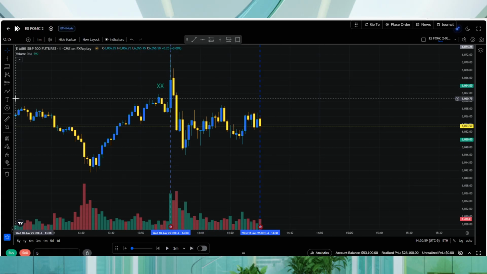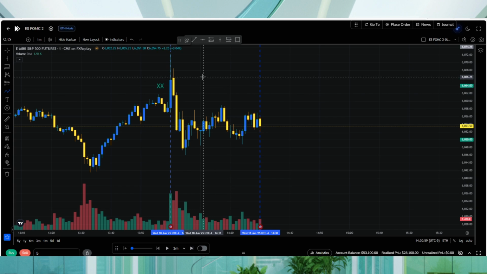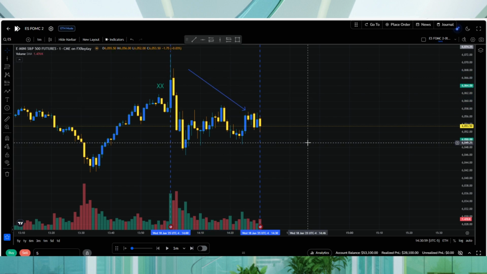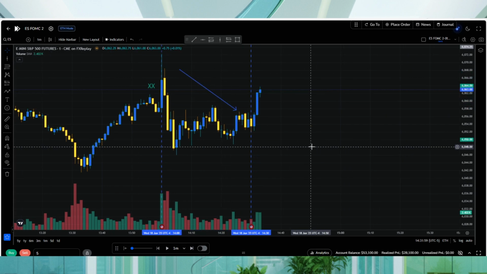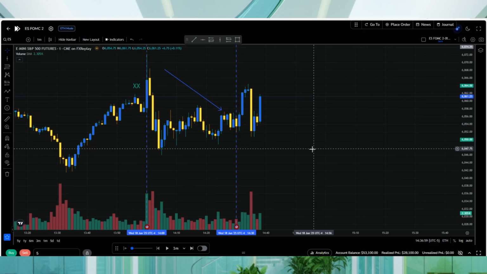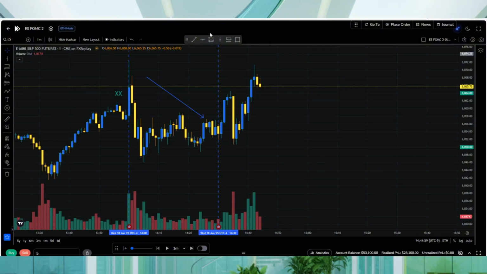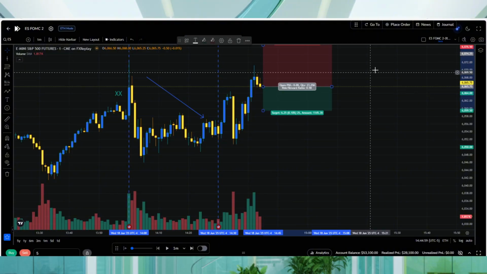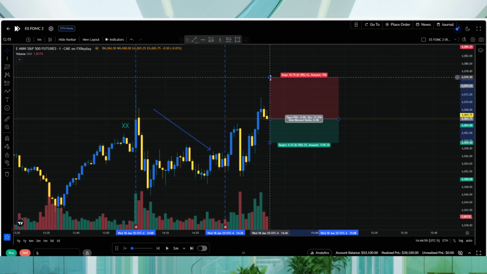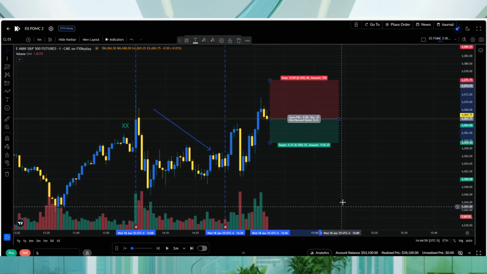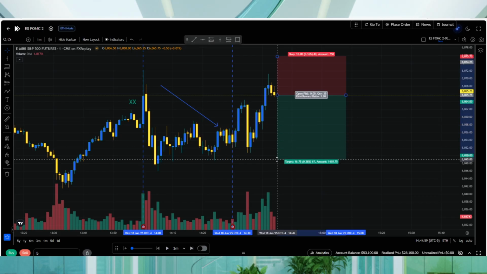Okay, the market's printing lower lows and lower highs. We're looking for a short. We get position here. We're looking for a 10-point stop and 2 to 1.